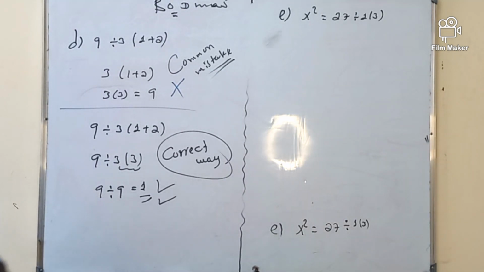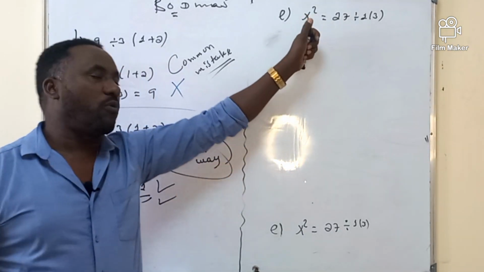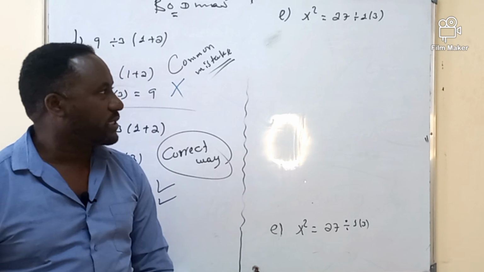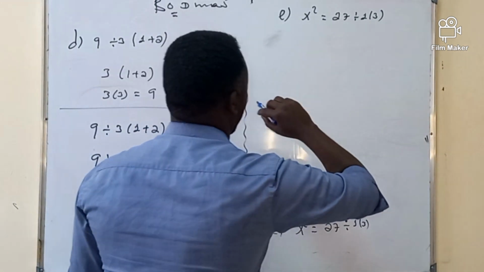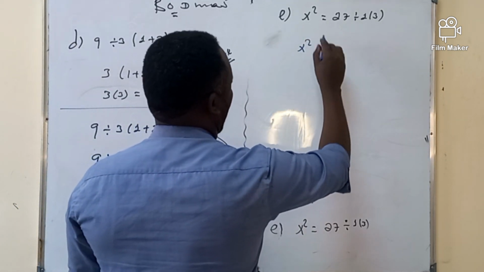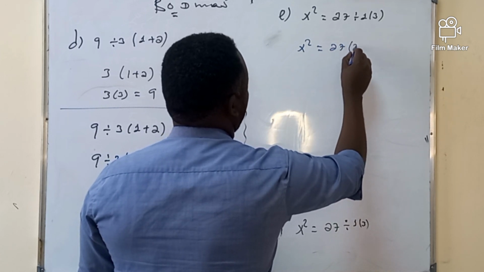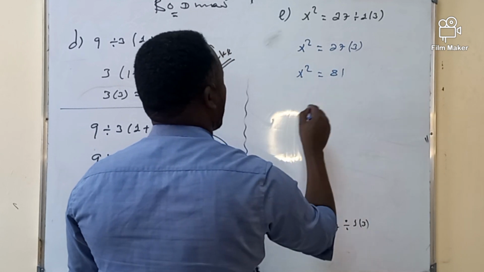Here x squared will be 27 divided by 1, which is 27, into 3. Then x squared is going to be 81.